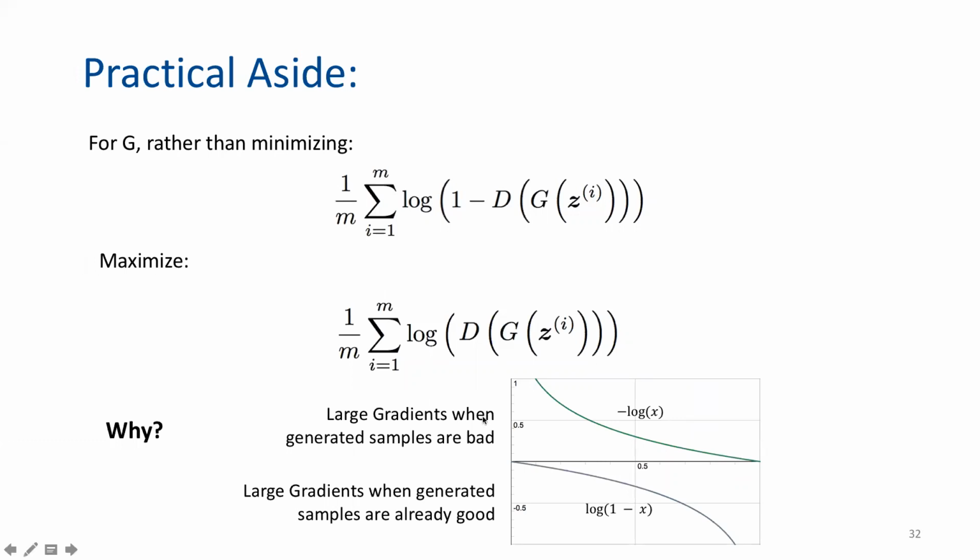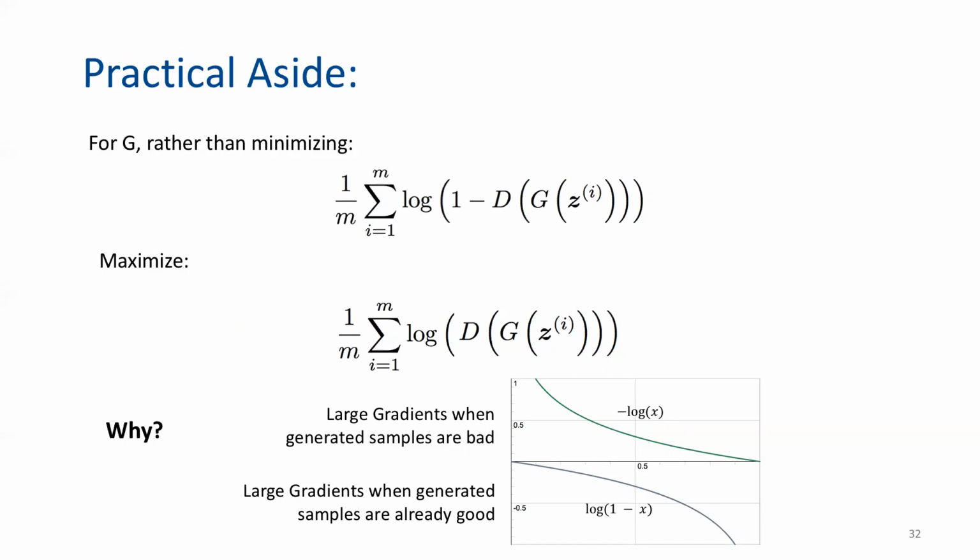The second formula gives you better gradients when the samples are bad, and the traditional model gives you good gradients mostly when the samples are good. So when the samples are good, you're going to have a discriminator output of about 0.5, because that means that the discriminator is being fooled and it can't really guess.